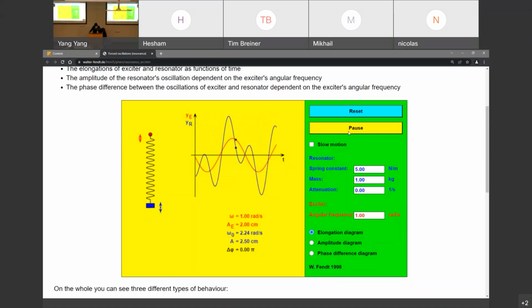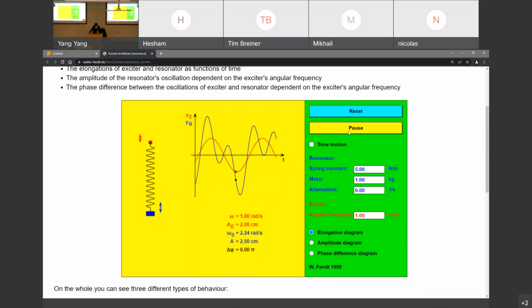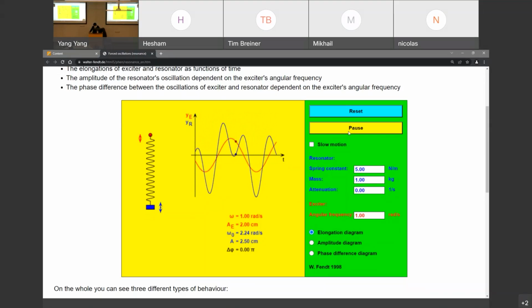Even though we have a sine wave input, the response is not a pure sine wave. After a while, the response goes with a fixed pattern.